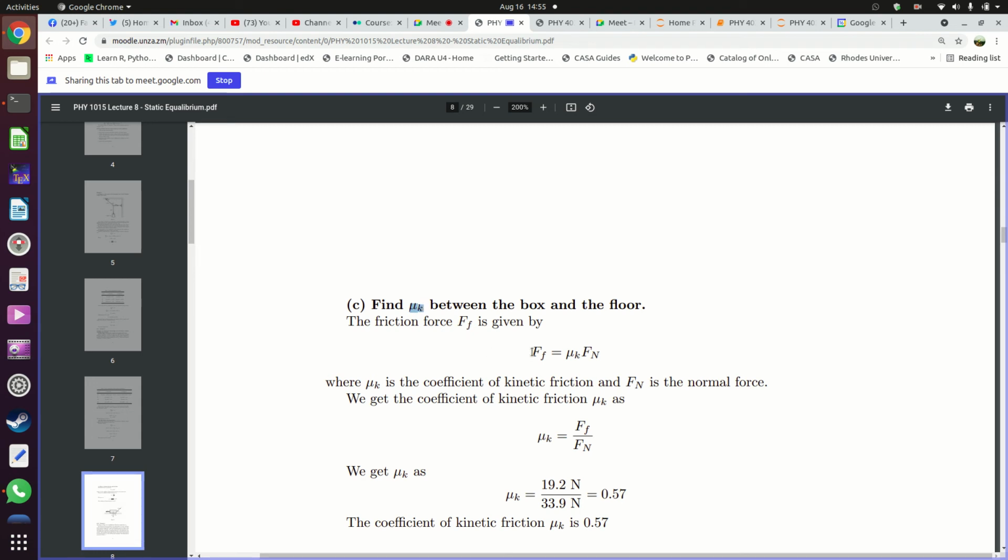With kinetic friction, the friction force is given by the coefficient of kinetic friction multiplied by the normal force. We know how much both of these are, so the coefficient of friction is equal to the friction force divided by the normal force. The friction force in this case we found to be 19.2 newtons, and our normal force we found to be 33.9 newtons. Therefore, our coefficient of friction is going to be 0.57.